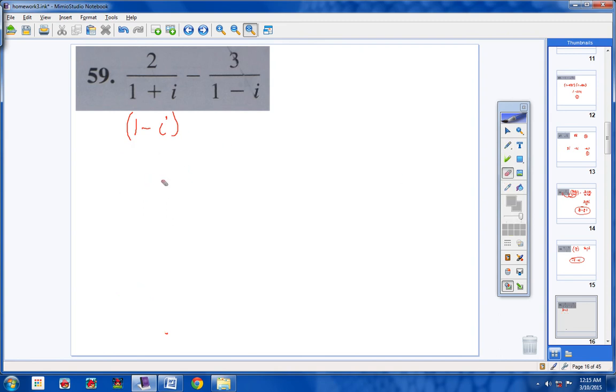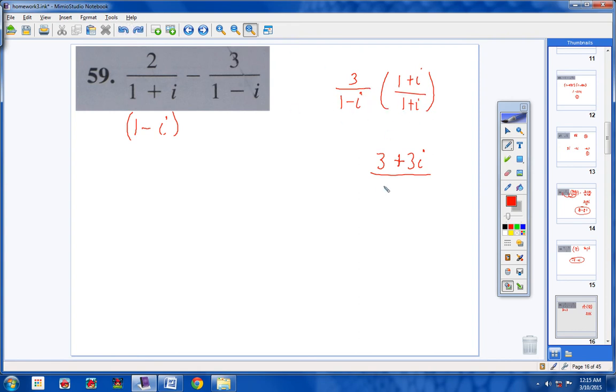Now, let's go ahead and simplify this fraction over here. So 3 over 1 minus i, multiply it by the conjugate, 1 plus i over 1 plus i. 3 times 1 is 3. 3 times i is 3i. Now, you're multiplying two conjugates, so use your shortcut.